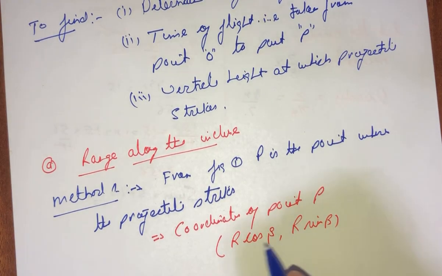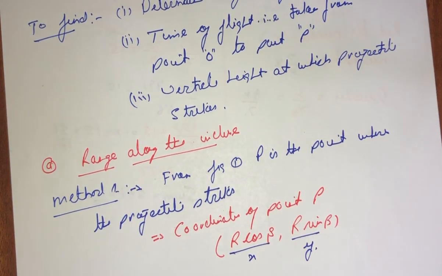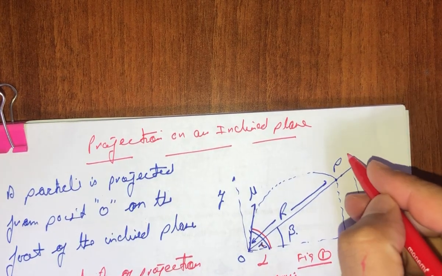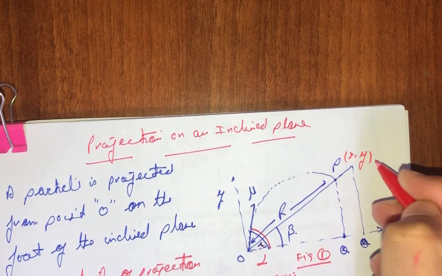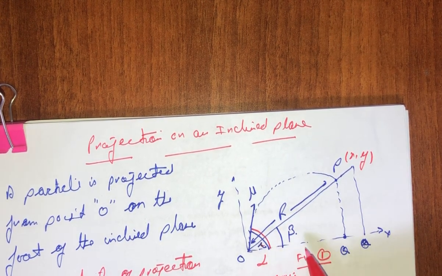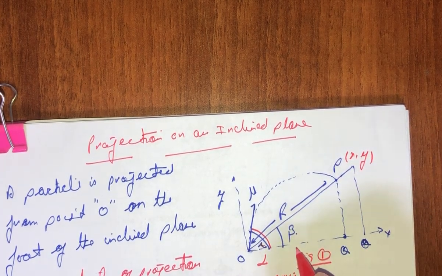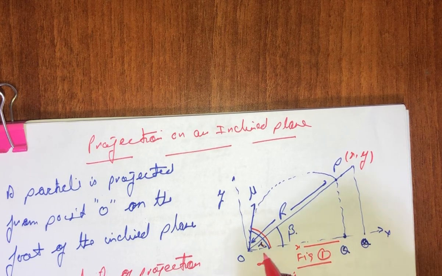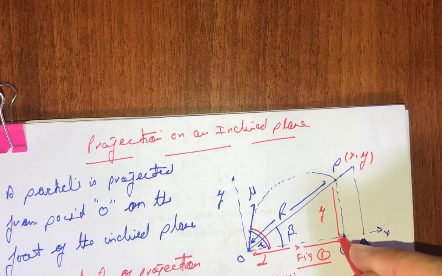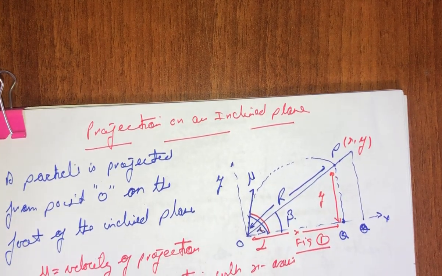Coordinates basically means this will be the x and this will be y. So this will be our x, this is r cos beta, and this will be our y. So we are going to get coordinates as x comma y.